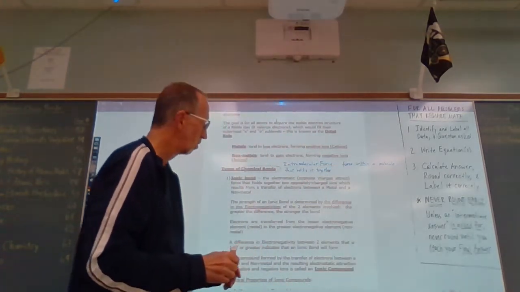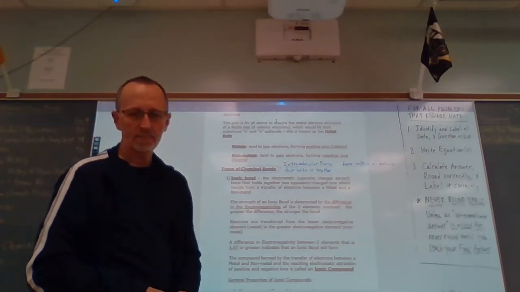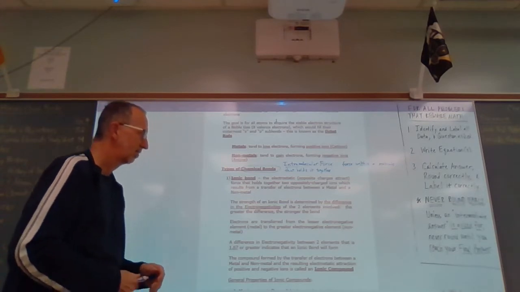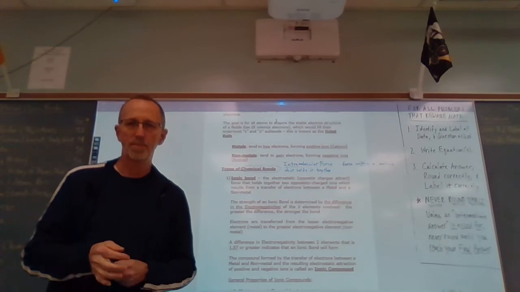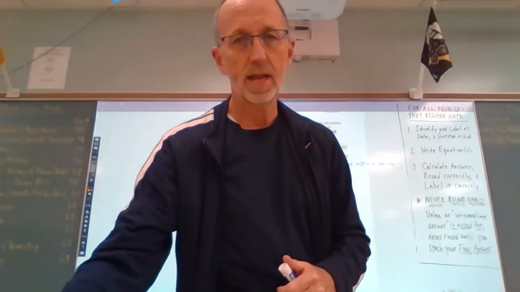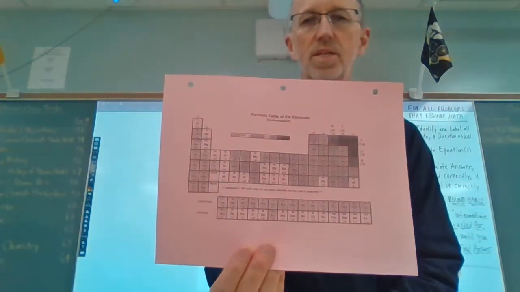Okay. So the strength of an ionic bond is determined by the difference in the electronegativities of the two elements involved. The greater the difference, the stronger the bond. All right, so we talked about electronegativity in Unit 3.2, and you picked up today an electronegativity chart.